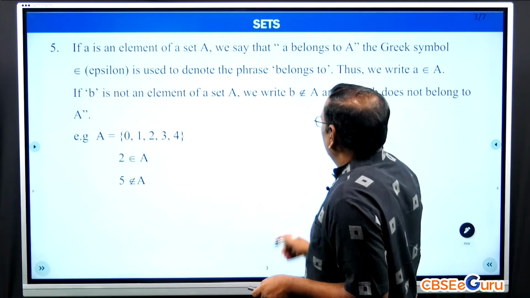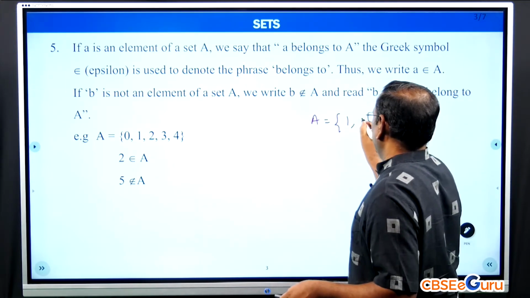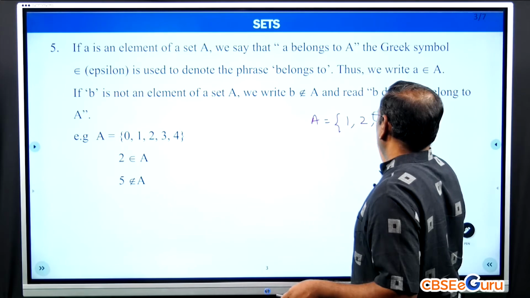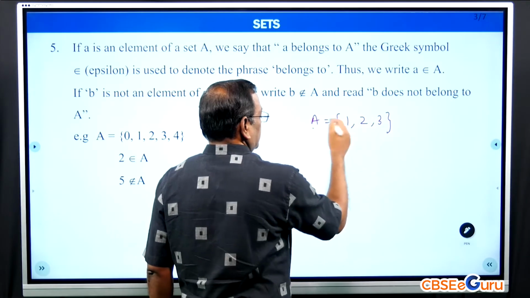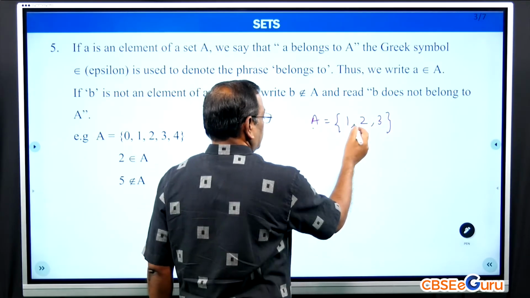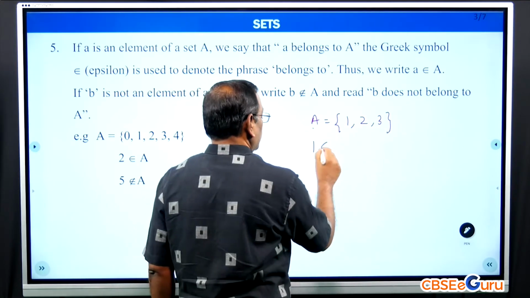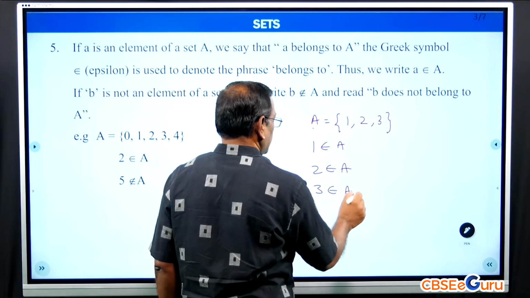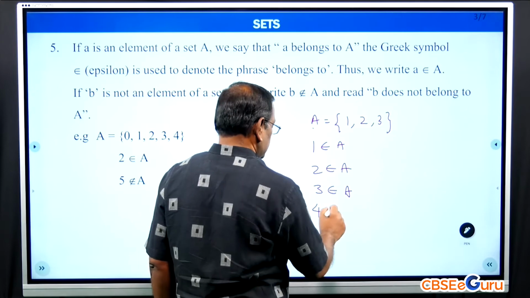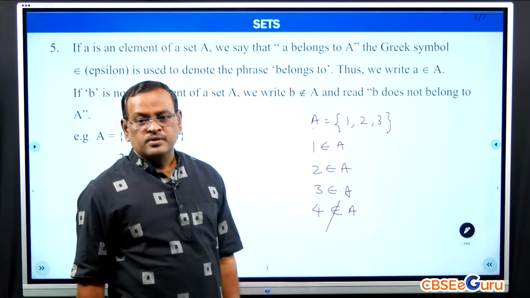Next, suppose A equals natural numbers less than or equal to 3. Okay, so this is a set. Here 1 belongs to A, 2 belongs to A, 3 belongs to A. And 4, there is no 4 in this set, and hence we use the symbol does not belong to.